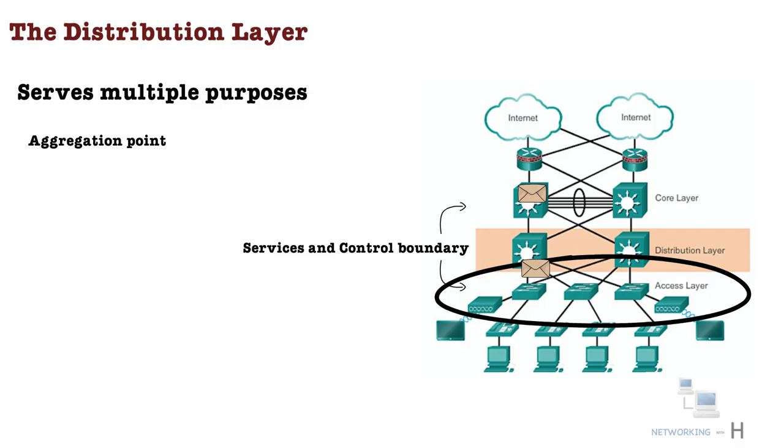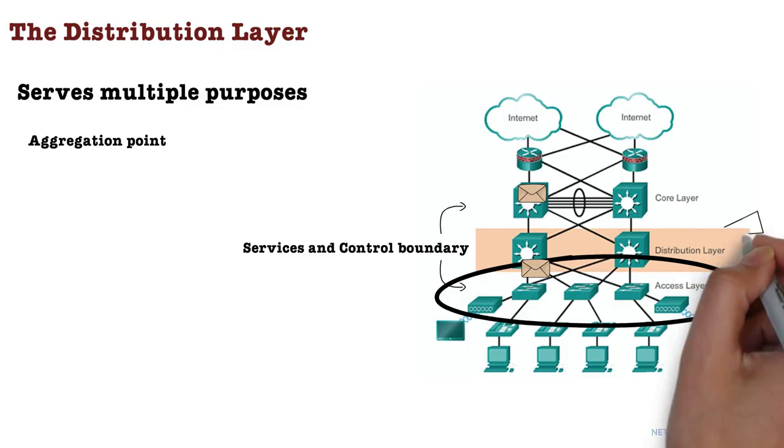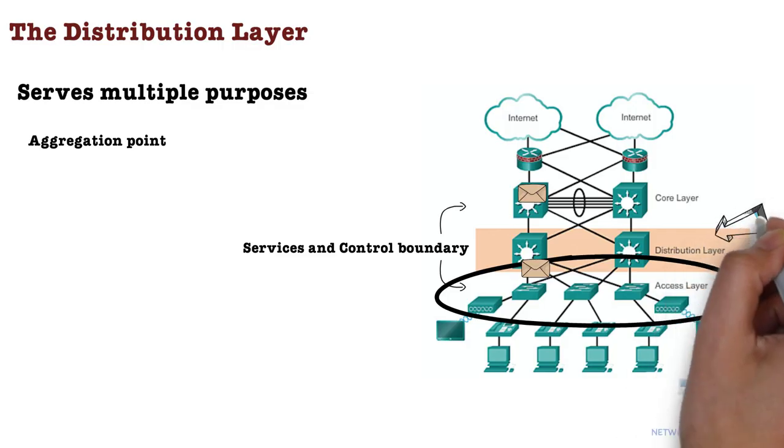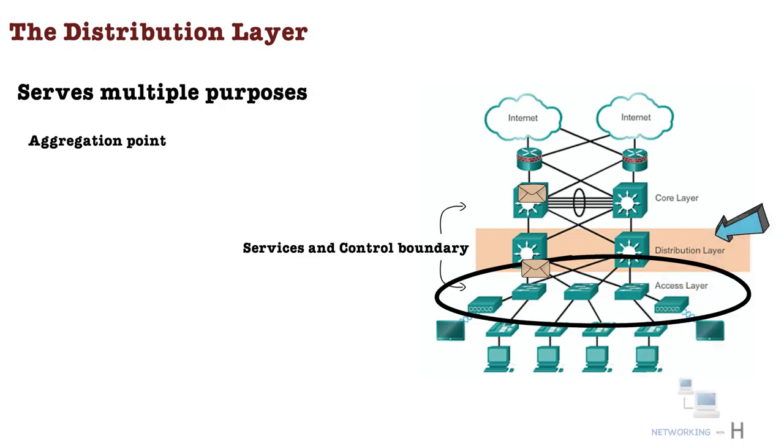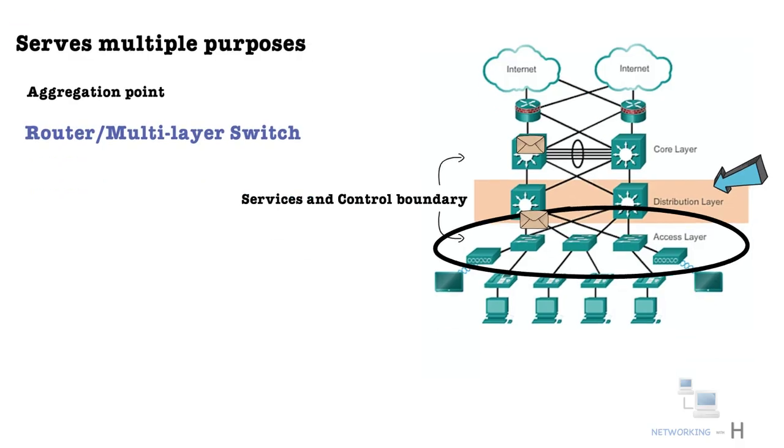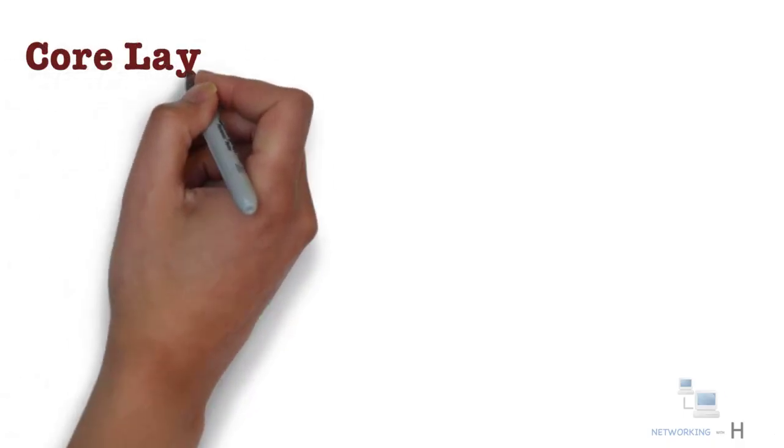A distribution layer switch may provide upstream services for many access layer switches. In the figure, the distribution layer is the boundary between the layer 2 domain and the layer 3 routed network. Either a router or a multilayer switch is used to segment workgroups and isolate network problems in a campus environment.